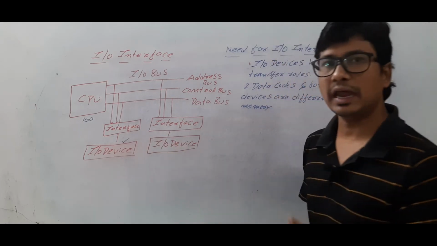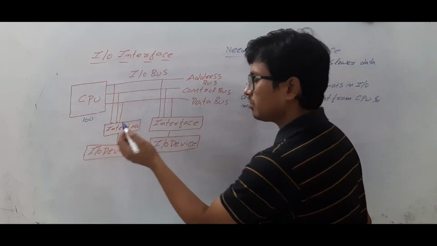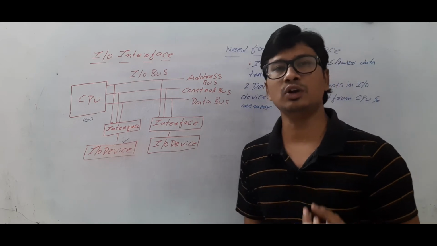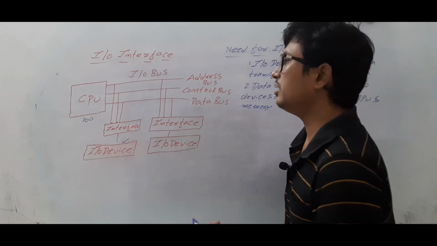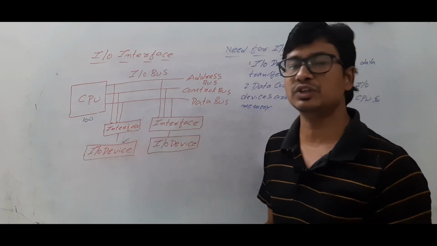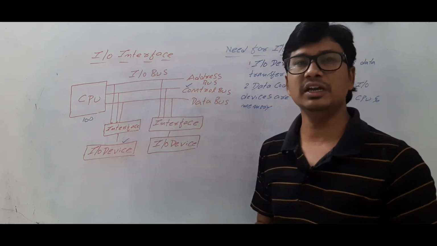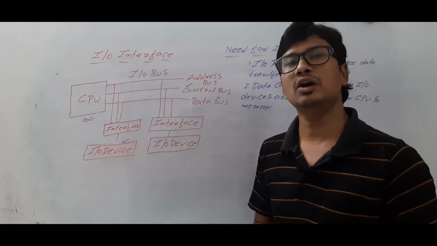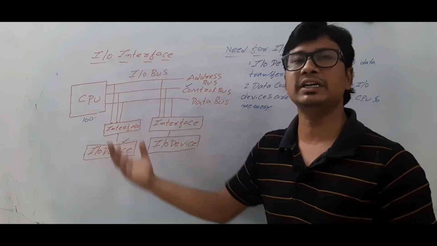Now, once it knows it has to communicate with I/O device 1, what communication is it, read or write? Is it clear? If it wants to read, that information will be transferred using the control bus. Read and write are the control signals, and they are transferred using the control bus. Then the actual data will be transferred.